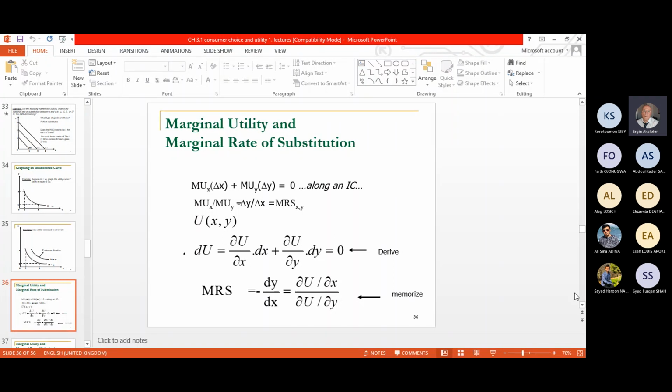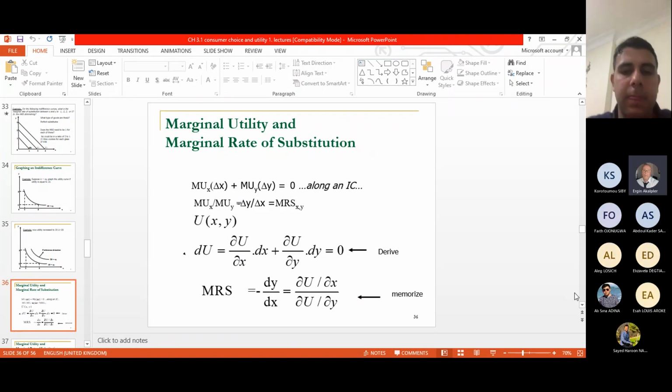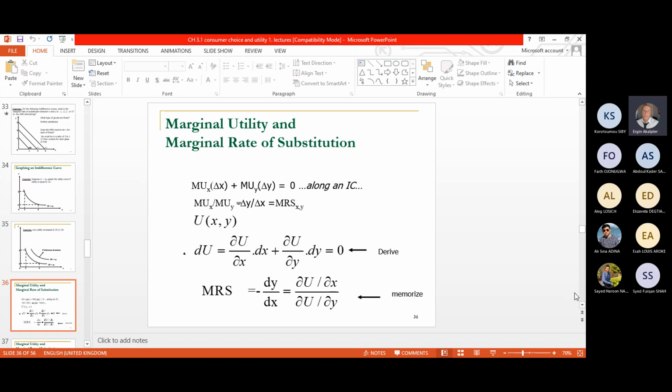If we're going to find the marginal rate of substitution with this given scenario, with this given formula, the marginal utility for x will be divided by the marginal utility for y, and delta y over delta x then becomes equal to the marginal rate of substitution. Then this is represented as it is given in the below equation, where it is derived.